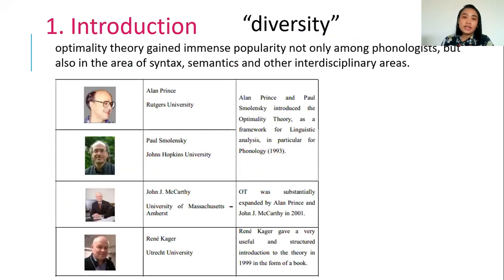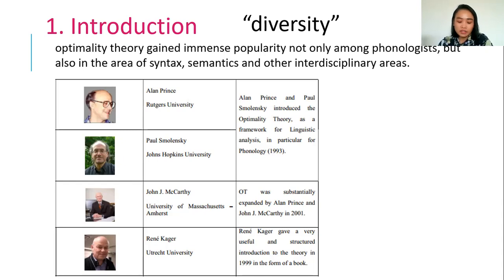Okay, talking about the optimality theory, obviously, we will find out the diversity of the variation candidates later on, or sounding or phonological candidates. Okay, so the optimality theory was introduced as a formal theory of linguistic typology.